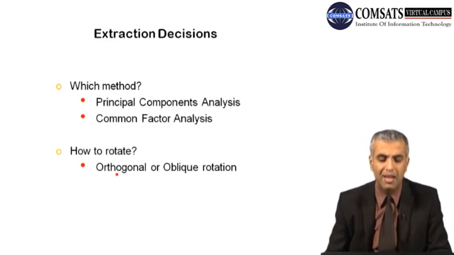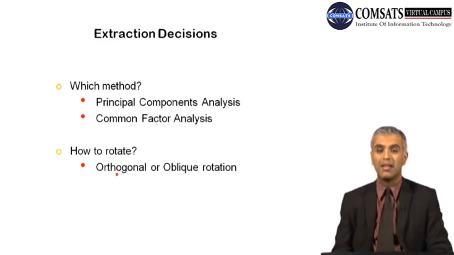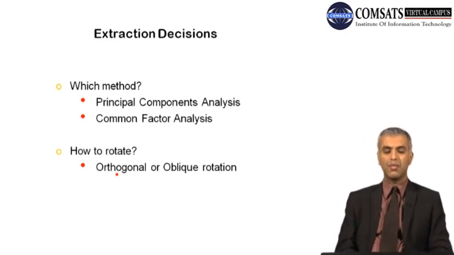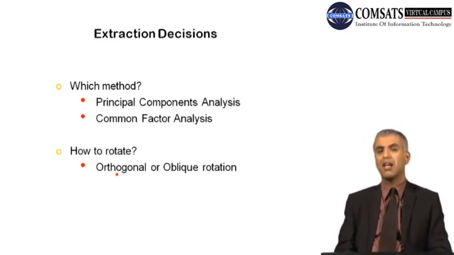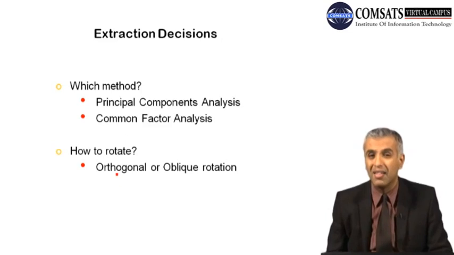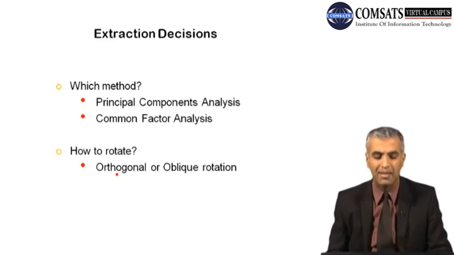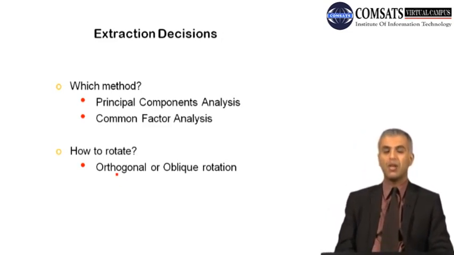The methods we have discussed before: one is the principal components analysis method, and the second is the common factor analysis method. These are the commonly used ones. There are other methods as well, but mostly we use these to identify factors in this case. Then comes how to rotate.